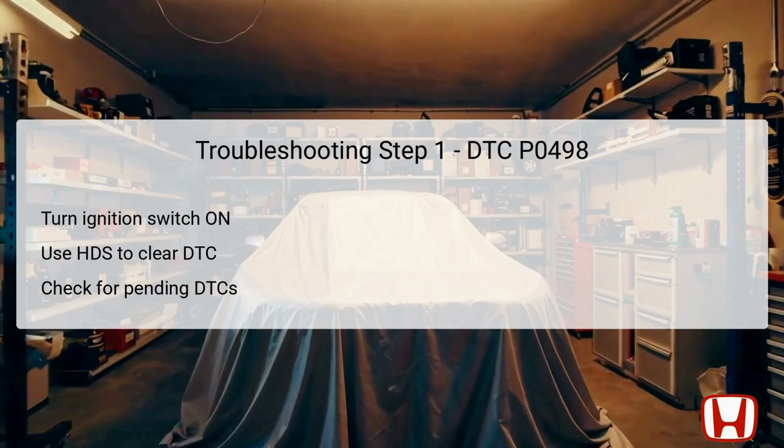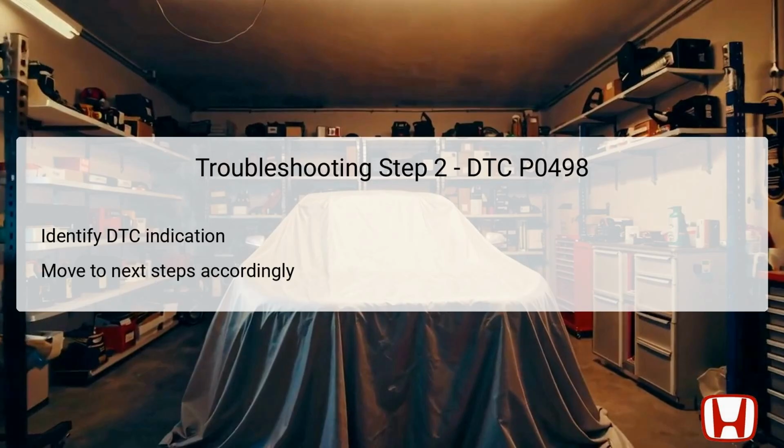After clearing, check for any pending or confirmed DTCs with the HDS once again. This step is vital to determine if the P0498 is still present, guiding the technician on the next steps of the troubleshooting process. Proper execution of this step sets the foundation for identifying persistent issues.